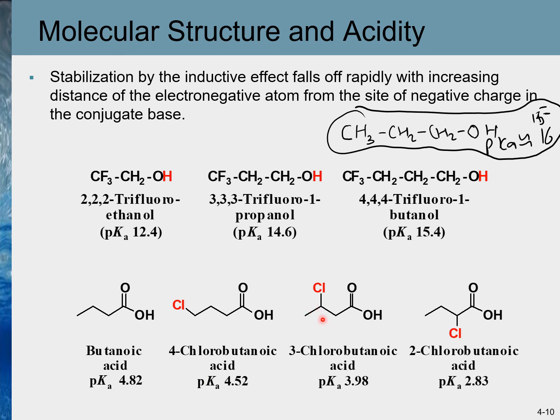But if chlorine is 3 carbons away, now the pKa value is 3.98, and if it's only 2 carbons away, then the pKa value is 2.83. So in other words, the closer the electronegative element, the stronger the inductive effect will be, and more stabilization will happen, and hence the acid will be stronger.